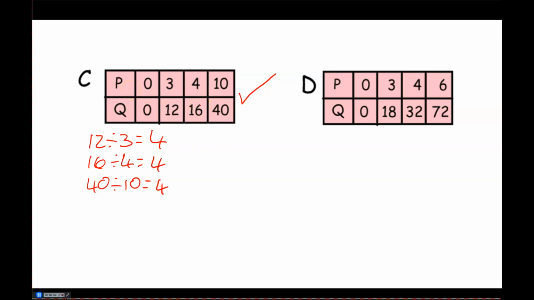Now, how you would actually write this, we are saying Q is proportional to P. You can write it the other way around because it works both ways. Now at the moment we've just got this proportion sign in here, but what you're quite often asked to do is to write down the formula that connects them.